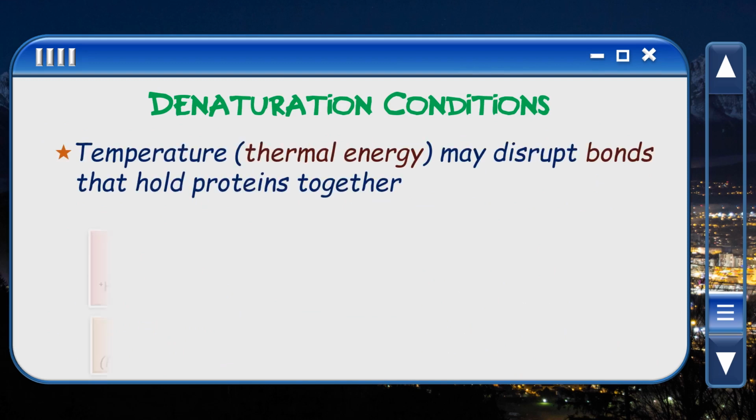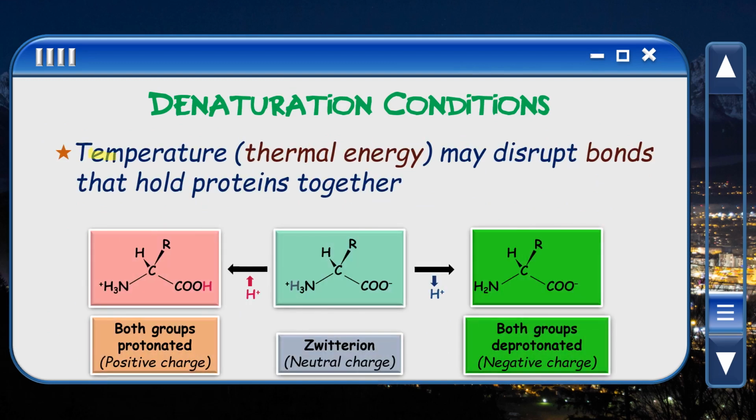Still under denaturation, temperature is one of the factors that can disrupt the bonds. Thermal energy may disrupt the bonds that hold the protein together. We have seen that the tertiary structure folds itself and holds itself together.